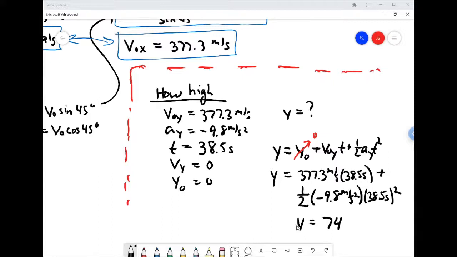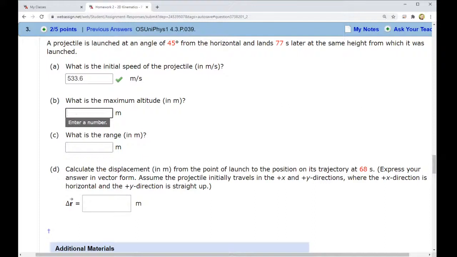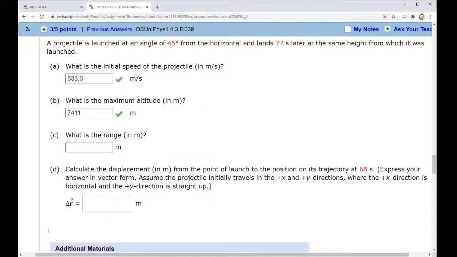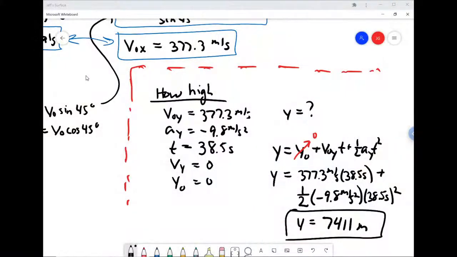Holy smokes. That's what I got. I wonder if I made a mistake. I'm going to put it into WebAssign and check quite quickly. It's correct. Boy, that projectile goes high. Okay, that's its maximum height right there.